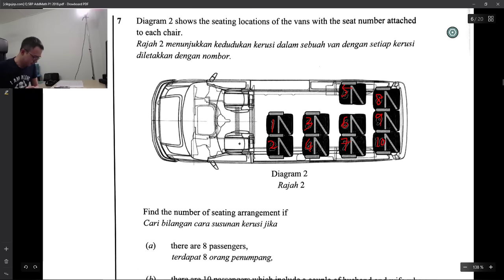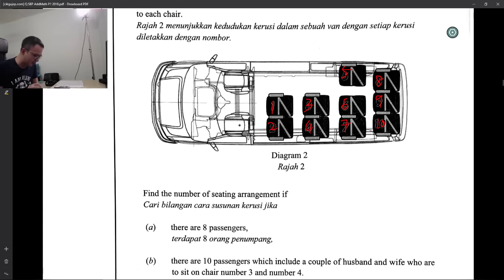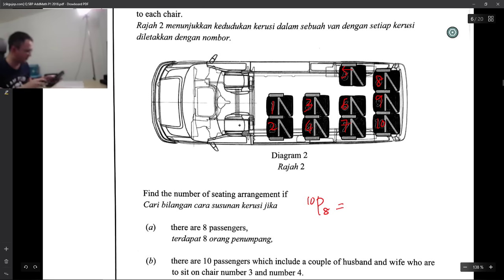So find the number of seat arrangements if there are 8 passengers. You have 10 seats, and 8 passengers, so you just do 10P8. It's very straightforward. You should get the value 1,814,400.